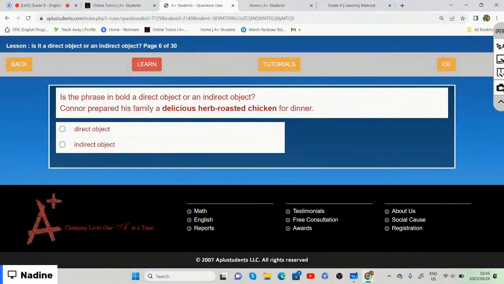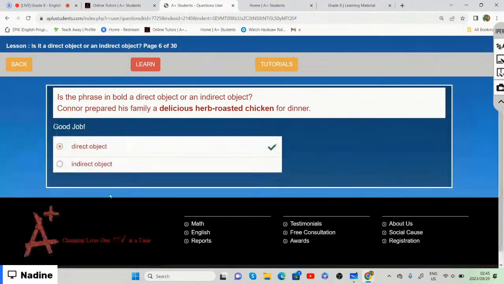We need to say if this is a direct object or an indirect object. So, what did Connor prepare his family for dinner? A delicious herb roasted chicken. So, we can say this is a direct object.